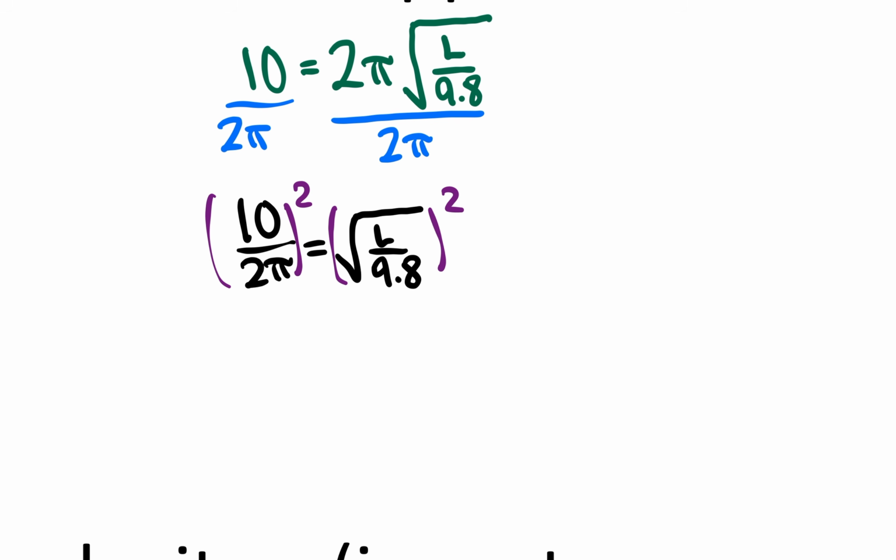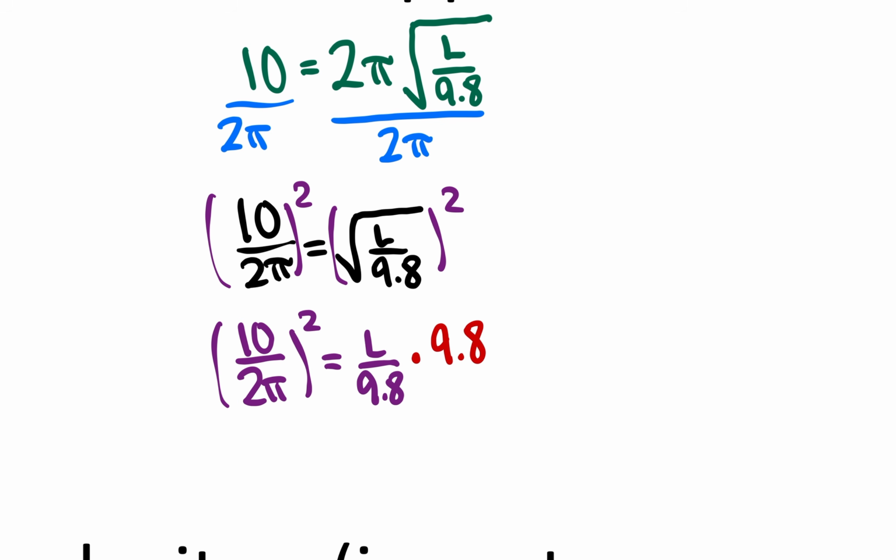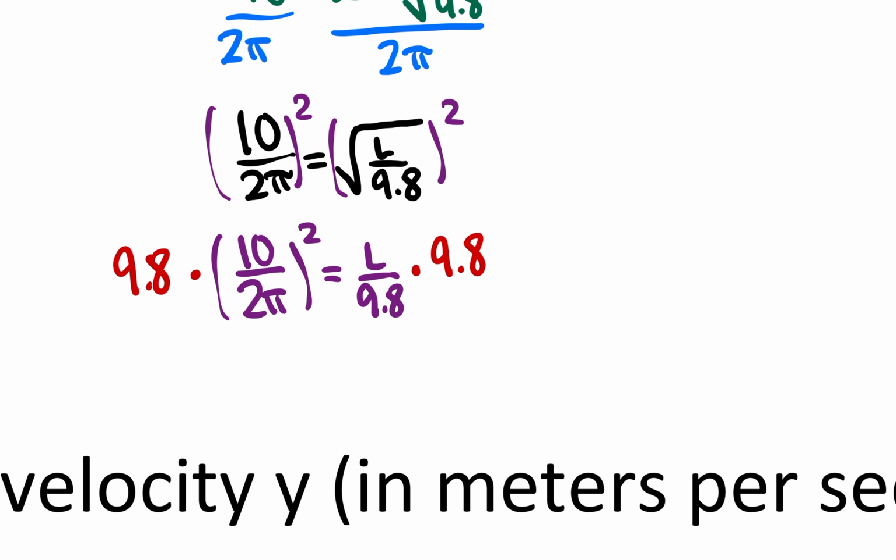And this will leave me with 10 divided by 2 pi squared is equal to L over 9.8. Then I will multiply both sides by 9.8. And this will leave me with 9.8 times 10 over 2 pi to the second power is equal to L.